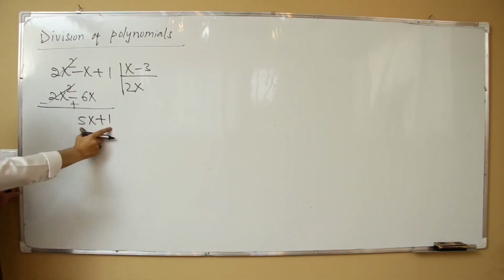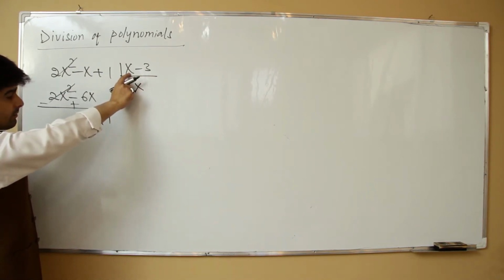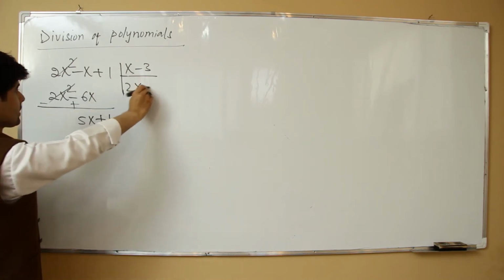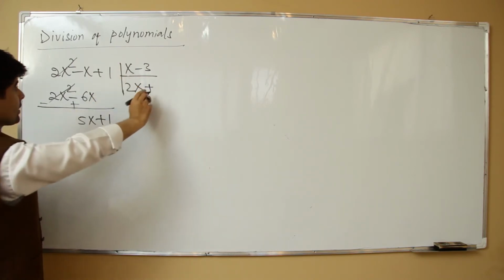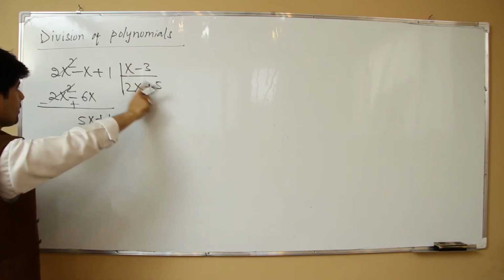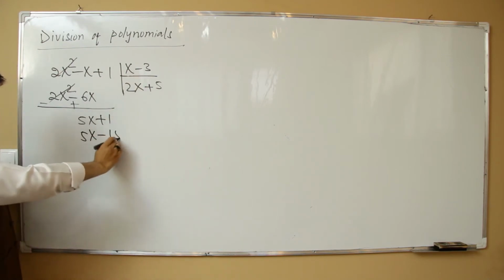Now, is this one the remainder? No, because the degree of this one is not less than the divisor. So divided plus divided by plus, it's plus. 5 divided by 1 is 5, and x divided by x is 1. 5 times x is 5x, 5 times minus 3 is minus 15.